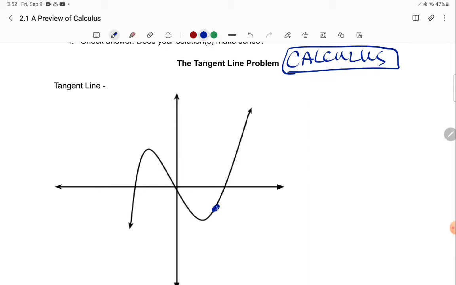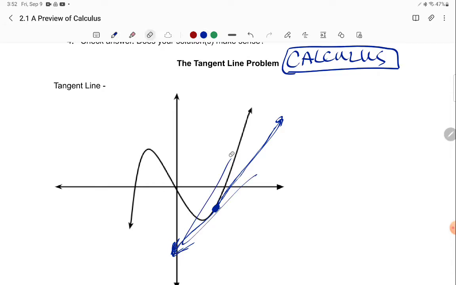With a tangent line, it's the slope at a single point. So right here's that point, and the tangent line touches the graph and then continues. Like if somebody goes off on a tangent, they're on the line at one point, but now they just veer off of what they were really supposed to be talking about. Okay, so I know that's not perfect.